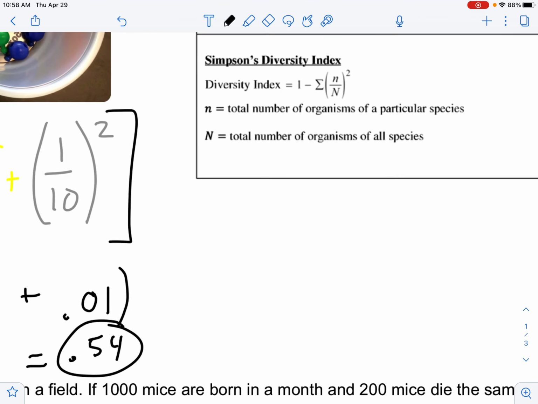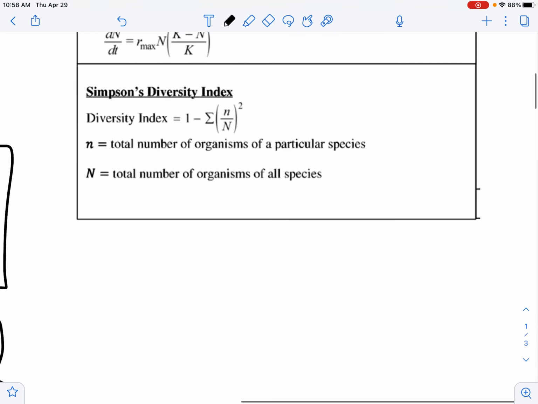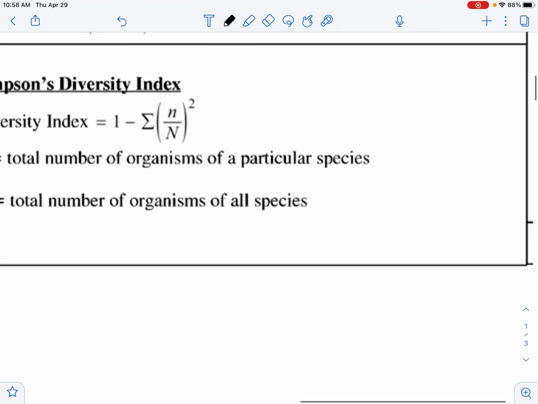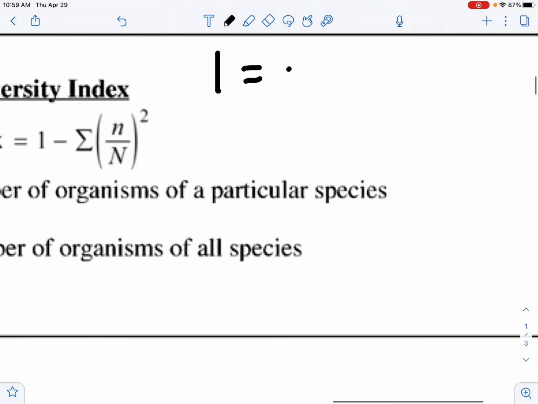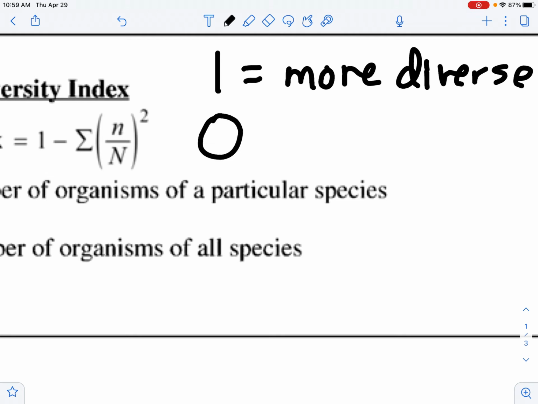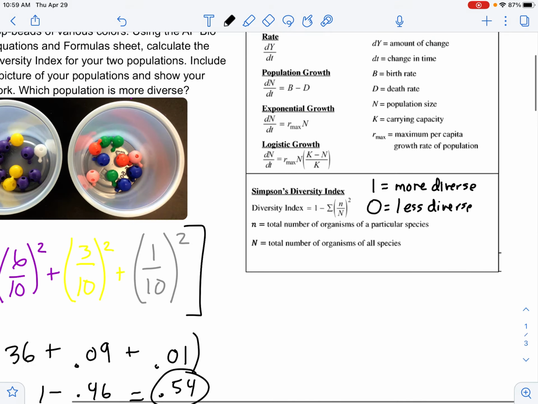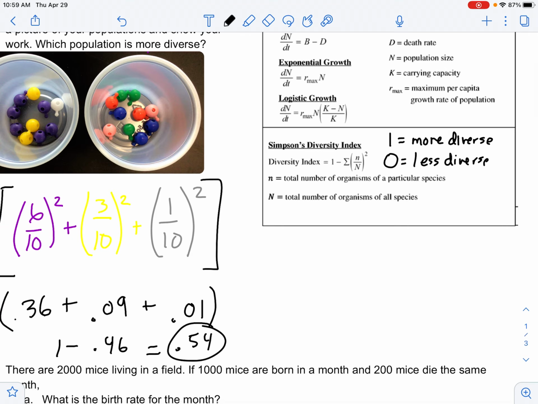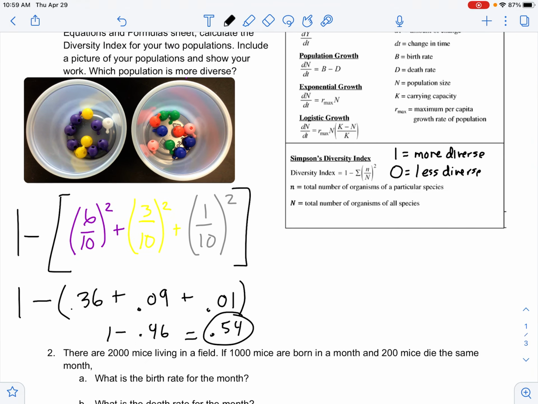Well, this isn't written down on the species diversity index, but the idea is if the number is closer to 1 it is more diverse, and if the number is closer to 0, it is less diverse. So 0.54 is kind of in the middle there. Basically, this is a comparison, so we're going to compare these two.